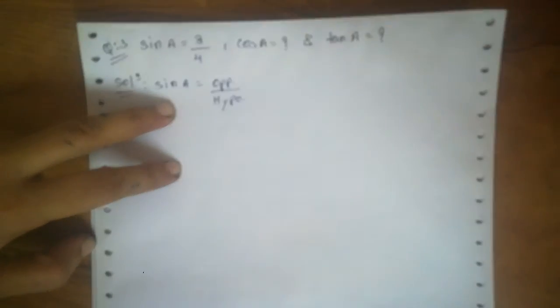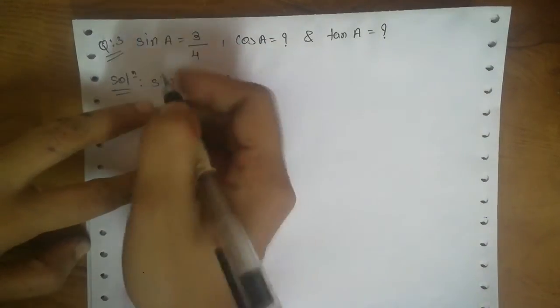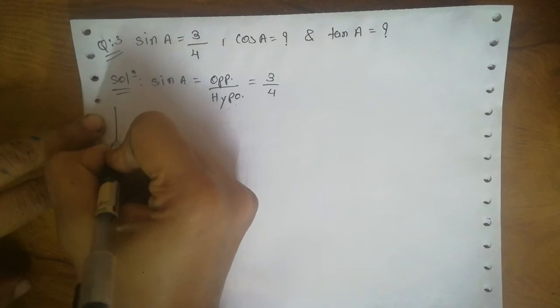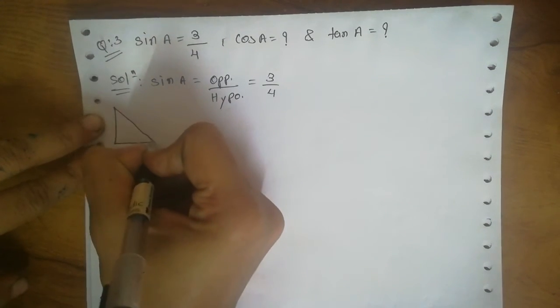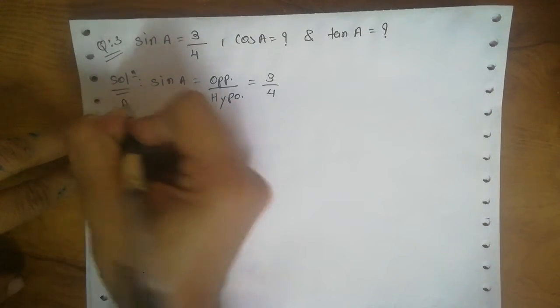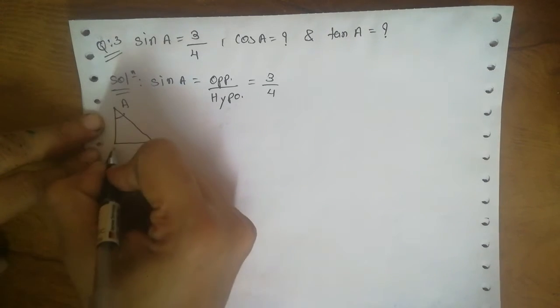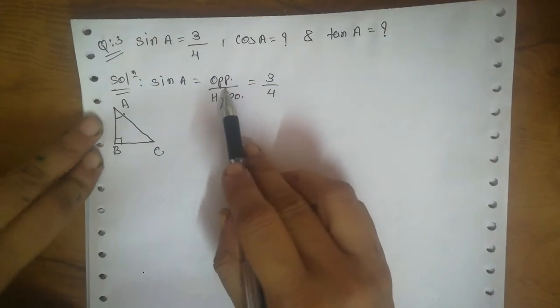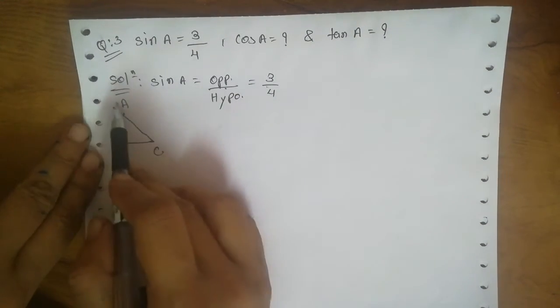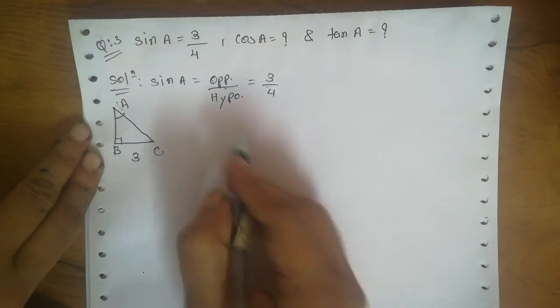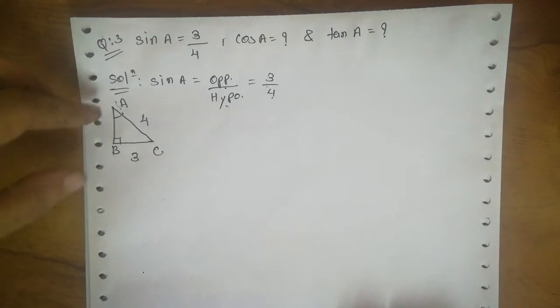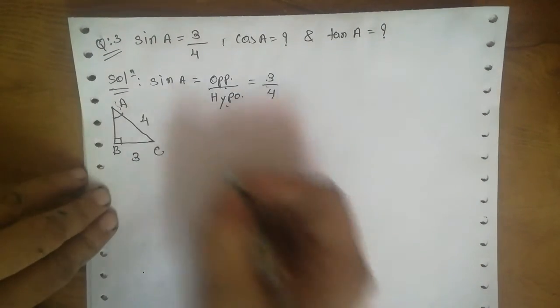So if we draw a right angle triangle with the reference angle at A, angle B is 90 degrees and C. We have the opposite side, the value is 3. So make opposite side BC as 3 and hypotenuse is given as 4. So you need to find only AB by the Pythagoras theorem.